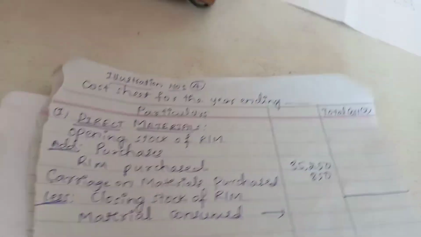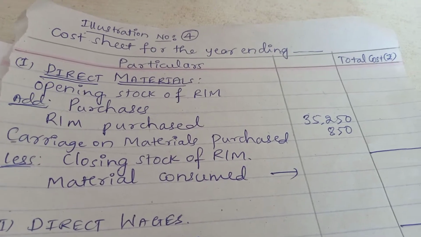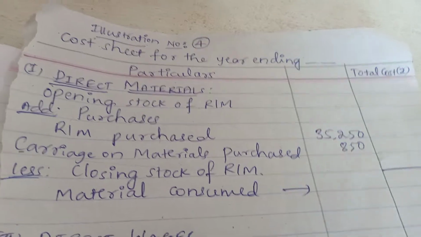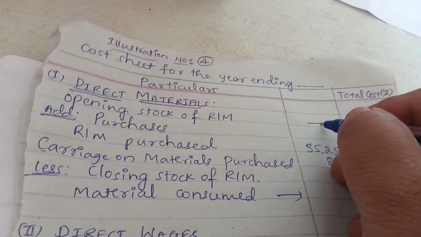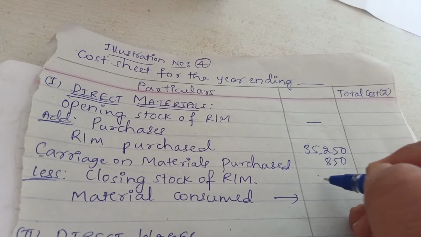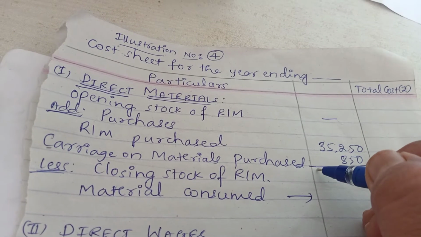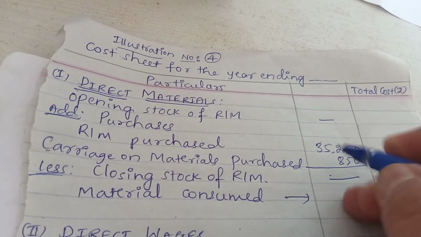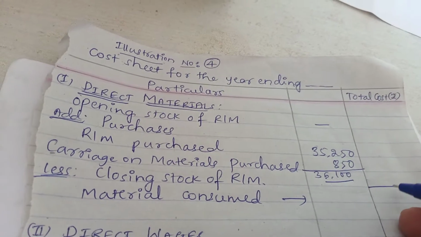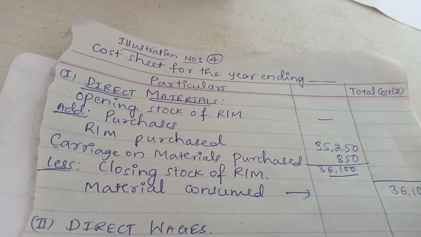Either opening stock or closing stock of raw materials has not been given in the problem. Straight away we can add only the amount of the purchases. Other things we can leave blank. So the total is 36,100. No deductions are there. Directly we can put here 36,100 only.